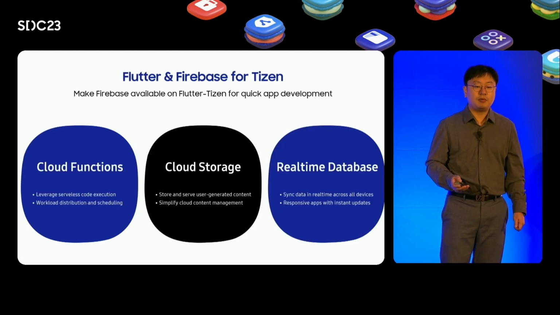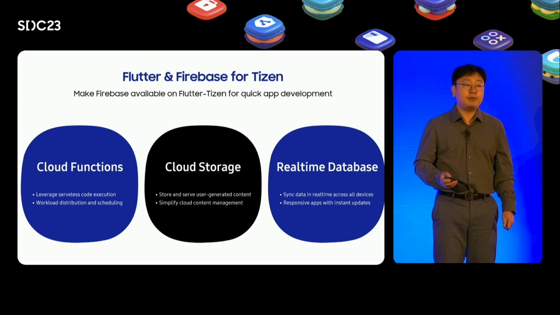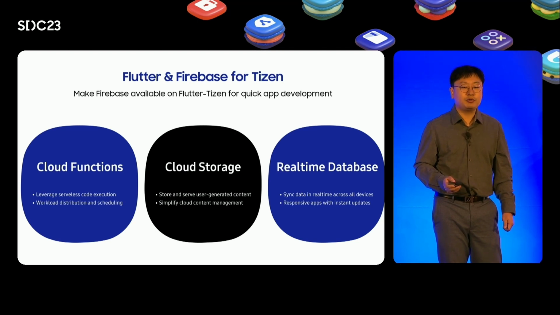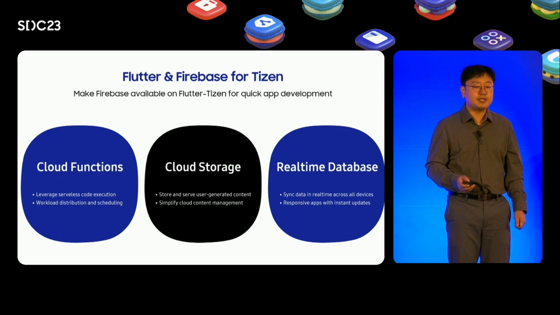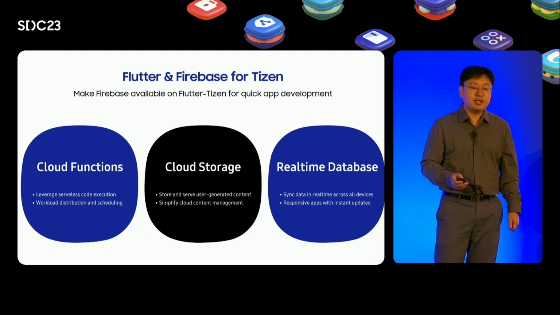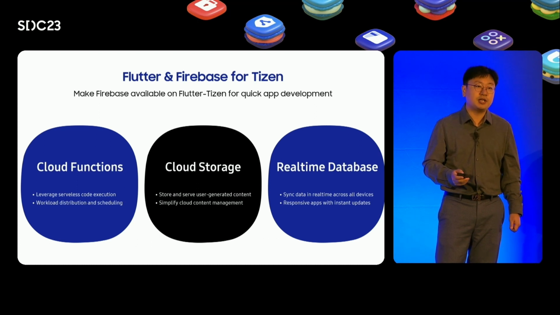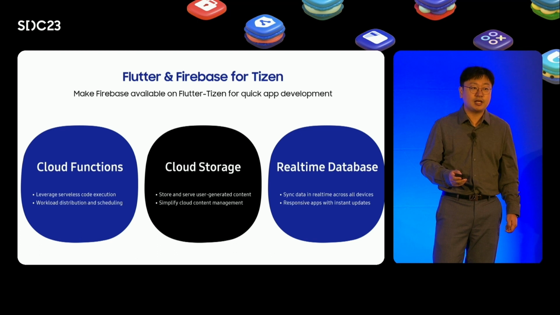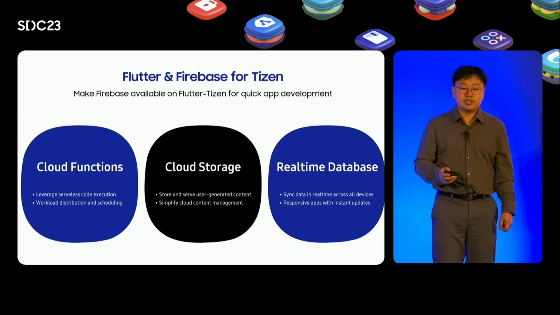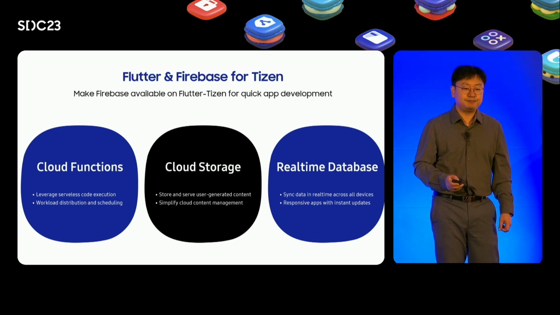Next, I'll talk about Firebase. Now, Flutter Tizen app developers can use Firebase services on Tizen TV. Firebase service is a powerful tool used by many Flutter developers, and it helps develop apps easily and quickly. This allows the device to distribute app logic with a lot of CPU to the cloud, store the user's content on the server, and quickly develop app scenarios that take advantage of data which synchronizes on all devices in real time.